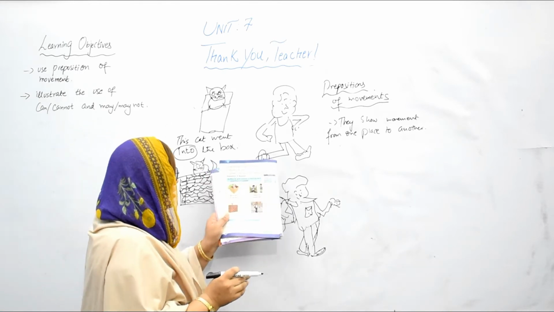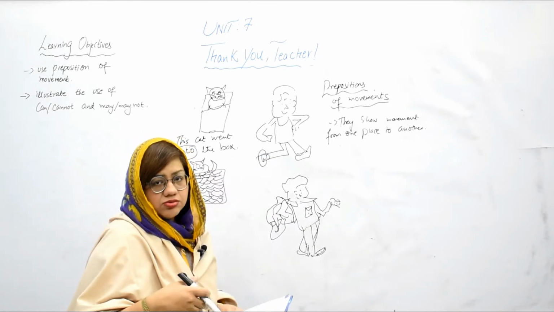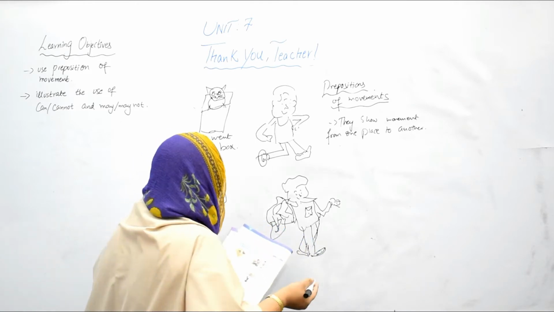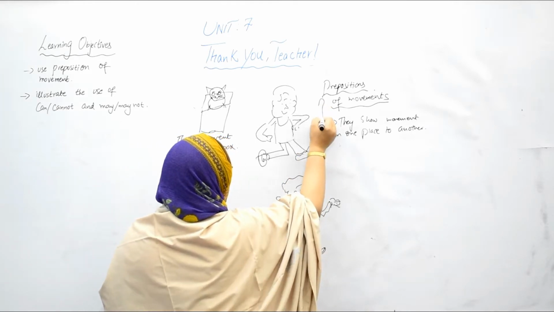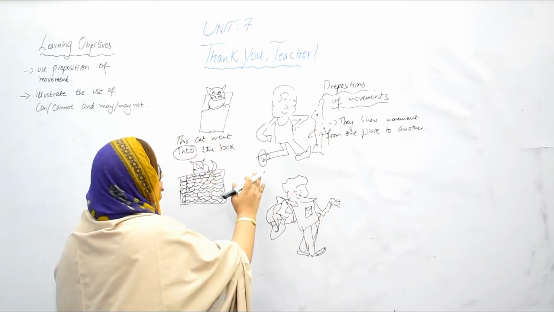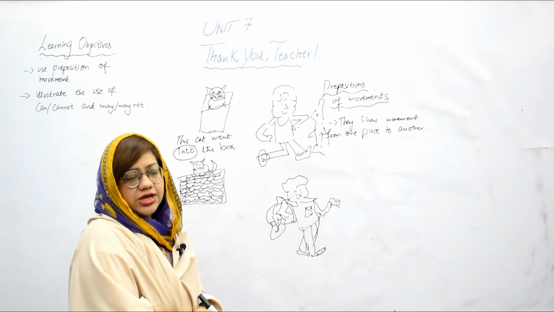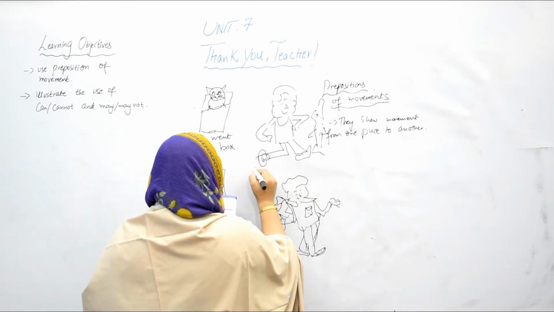Now look at this picture. What is this? He ran. Any name? Hamza ran towards. For example, there is another person standing here. So what did he do? Hamza ran towards him.